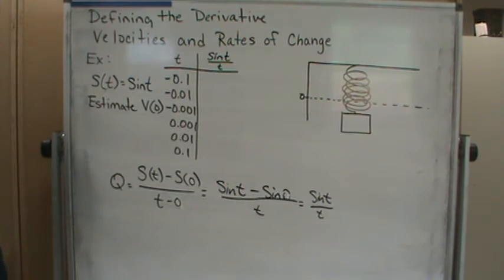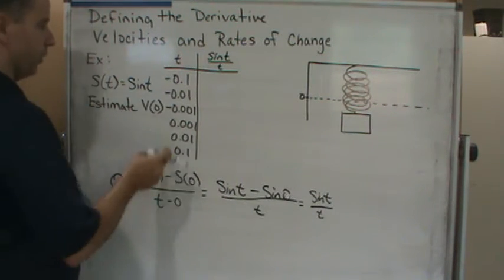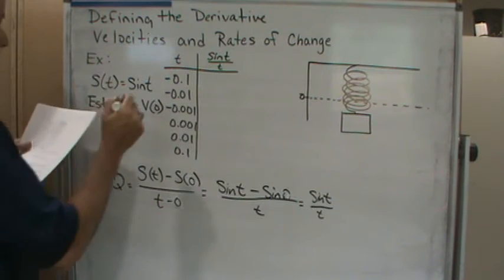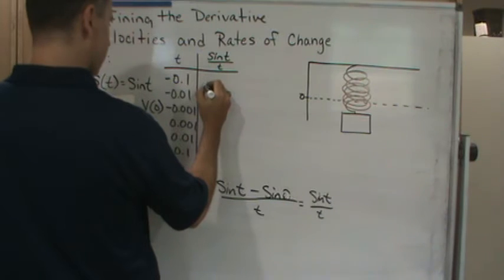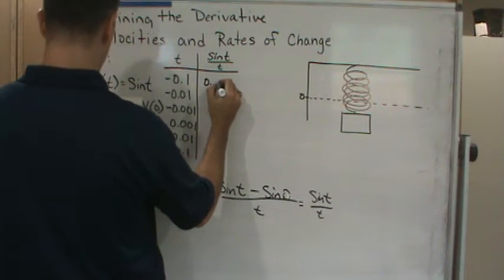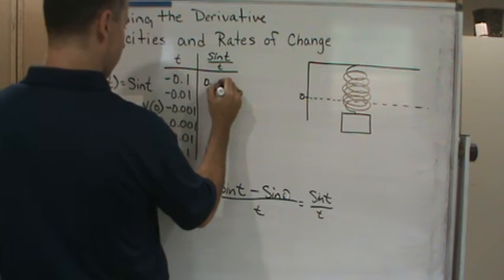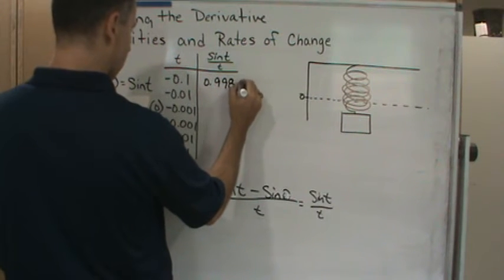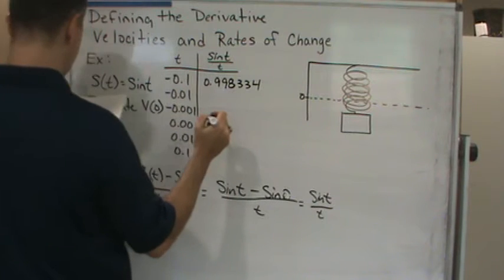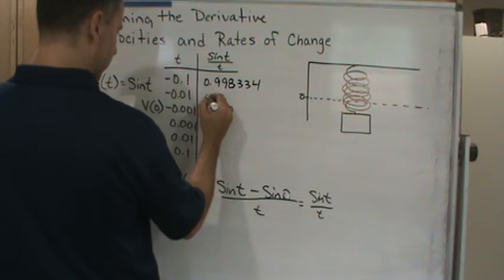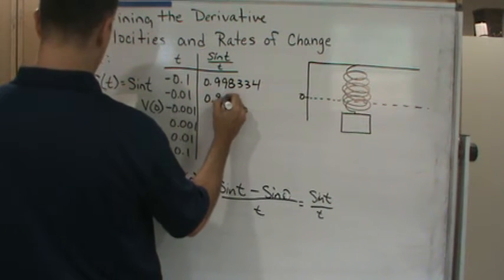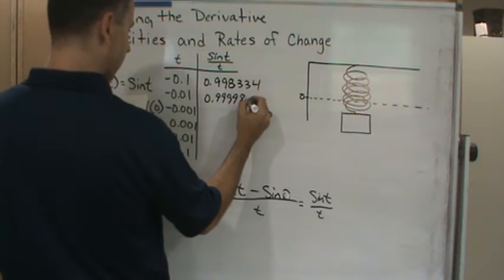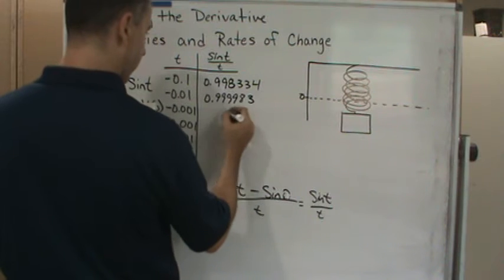And now this is where your calculator comes in handy. You're just going to plug these values in and see what you get. So I'm just going to populate the values all the way down. So we get 0.998334. I'm not going to write out all the digits. Then we get 0.999983.